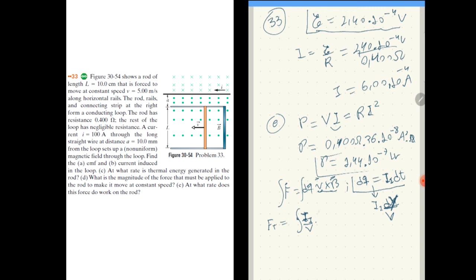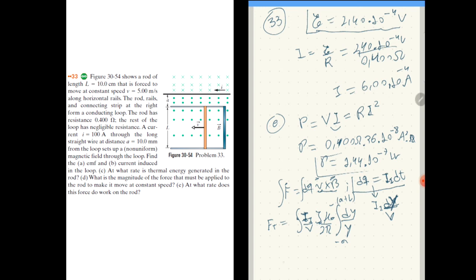I'll write that here: this is the current generated, or the current of the wire, the magnetic permeability over 2 pi, and dy, and there's a vector y in here. And again we integrate from -a to -a plus L, because we integrate all of the bar which contains the charged particles perpendicular to the magnetic field.